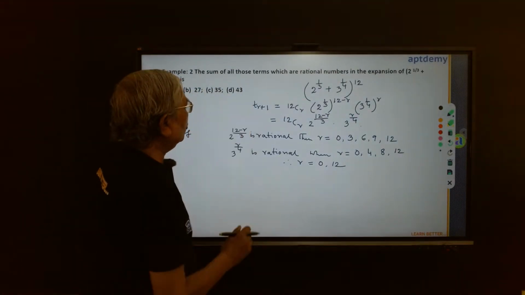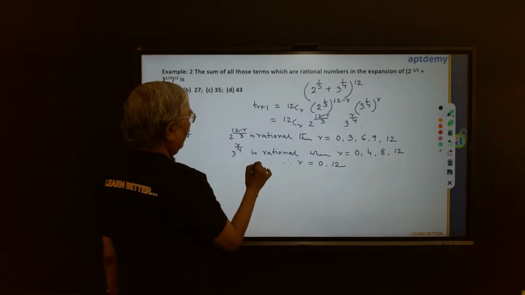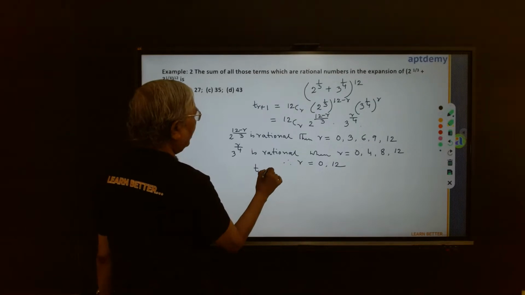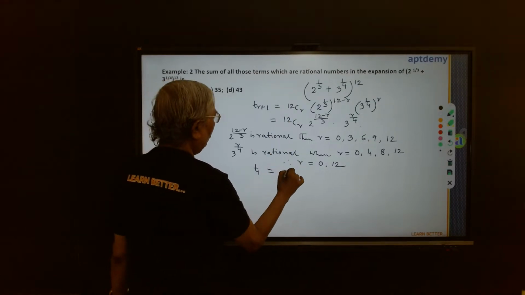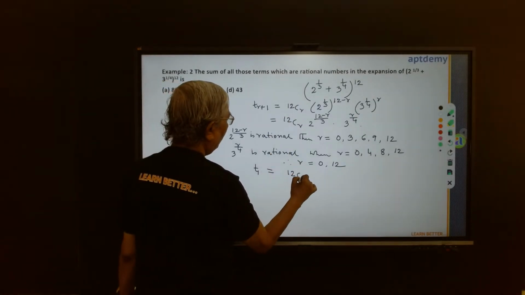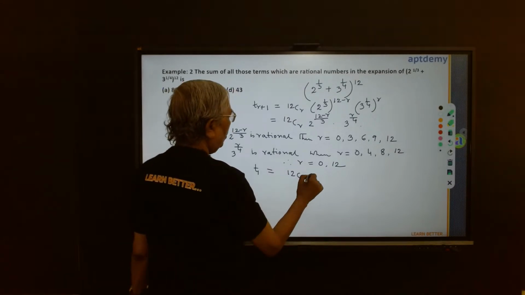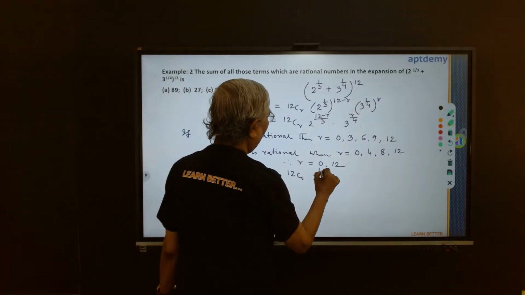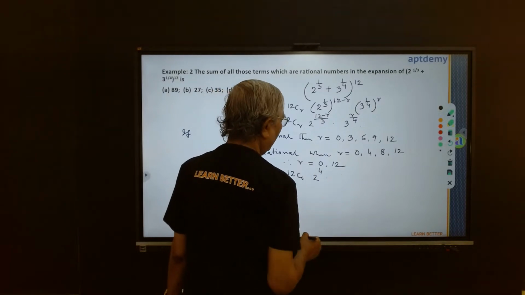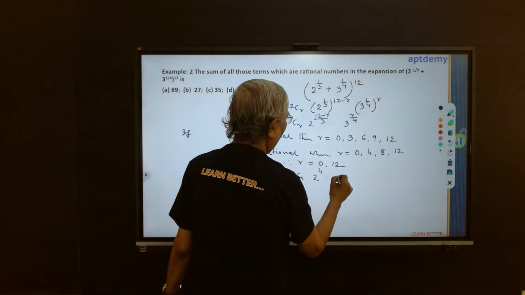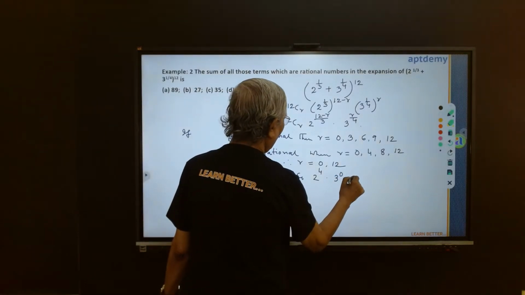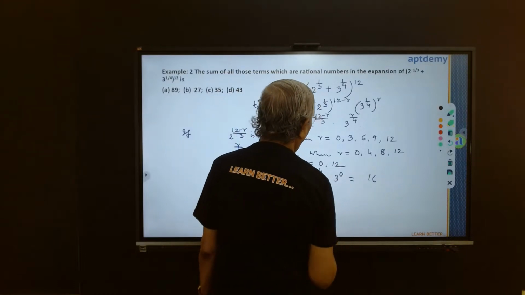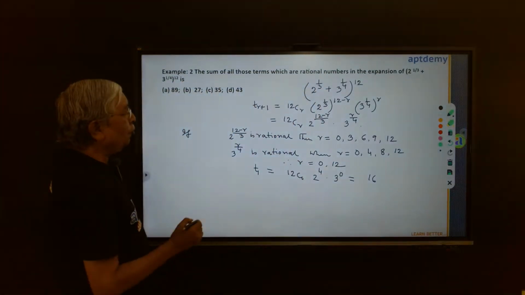Now put r equal to 0. So what do you want? T1. Putting r equals 0 here, T1 equals 12C0 then 2 to the power 4 into 3 to the power 0. So this is our 16. Next put r equal to 12.